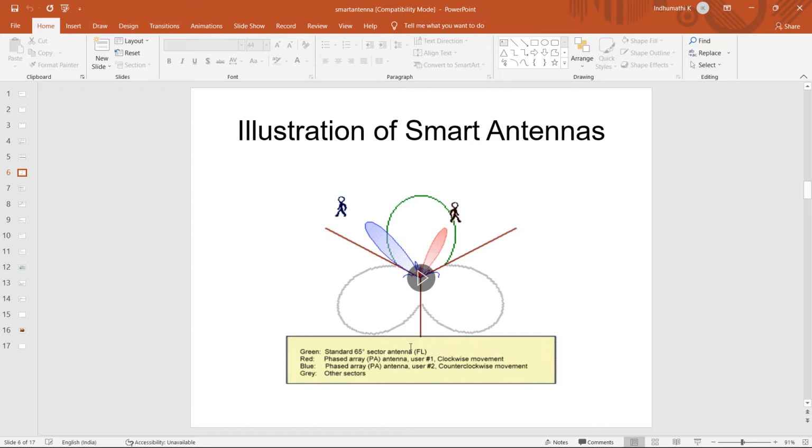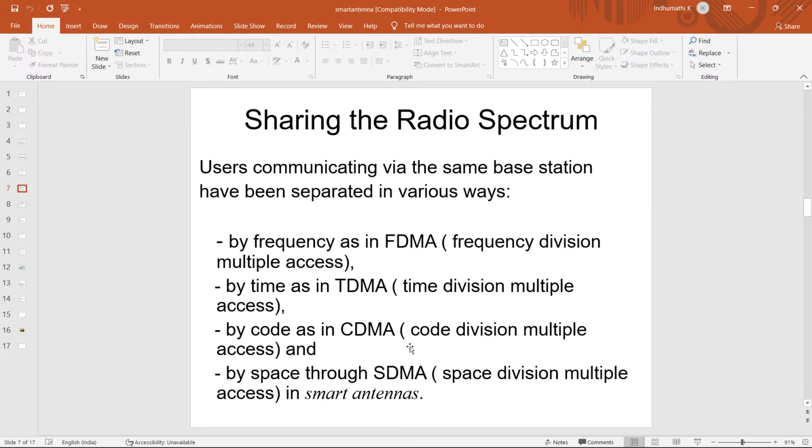So see here, these gray lines are not needed, because both users are using only one pattern, and that pattern is activated using the smart antenna to utilize most of the power over that direction itself. So this is the illustration of smart antennas.